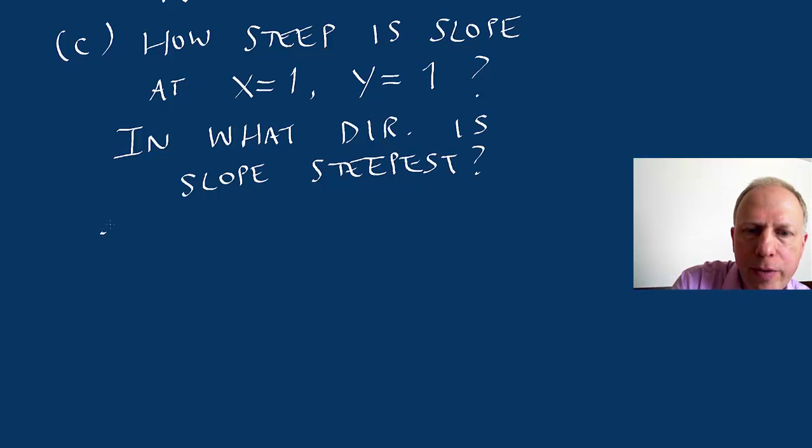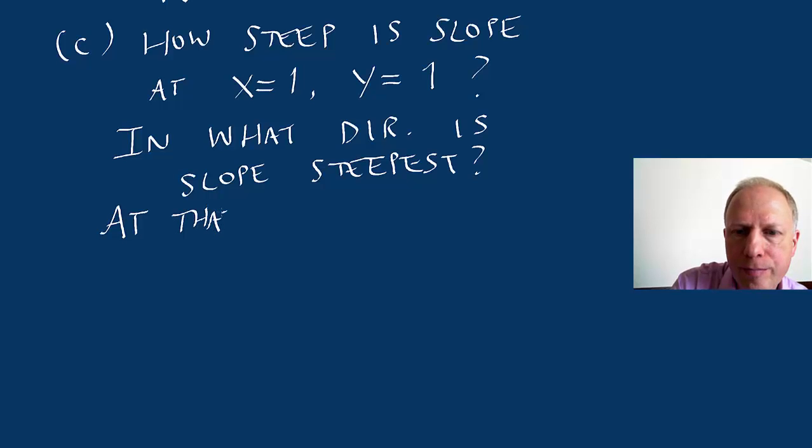So we need to evaluate the gradient at the point 1, 1 in order to get information about the slope.